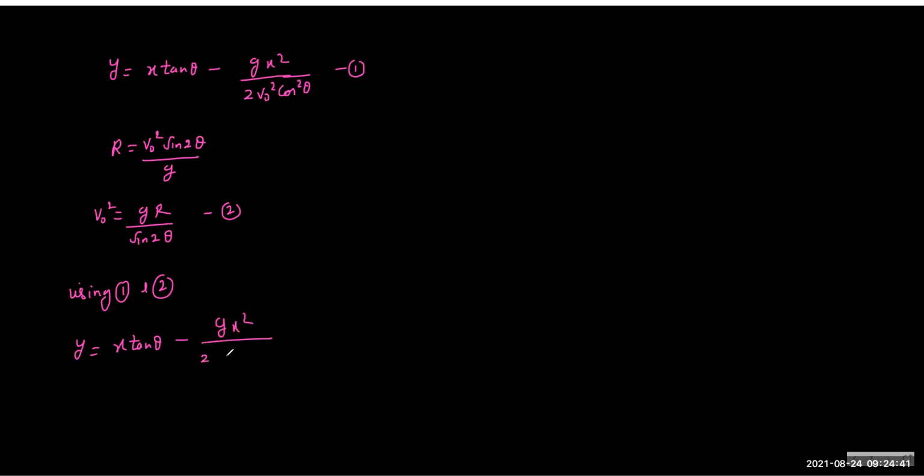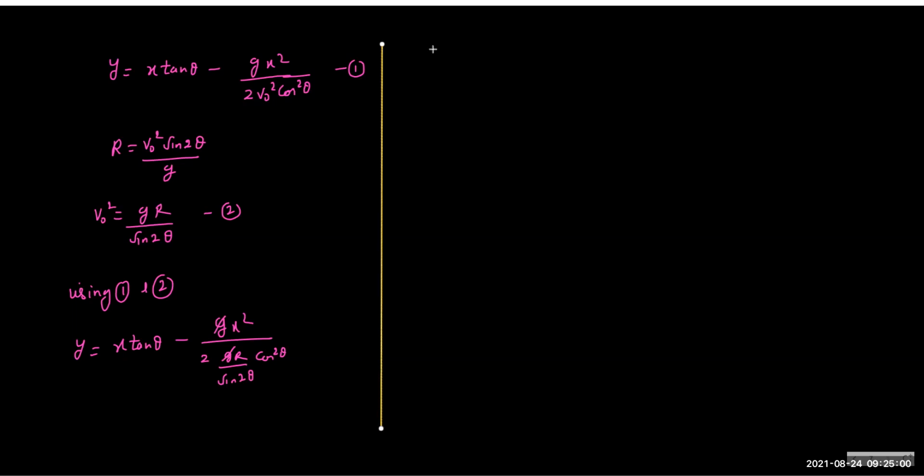So v naught square we can replace by gR by sin 2 theta into cos square theta.